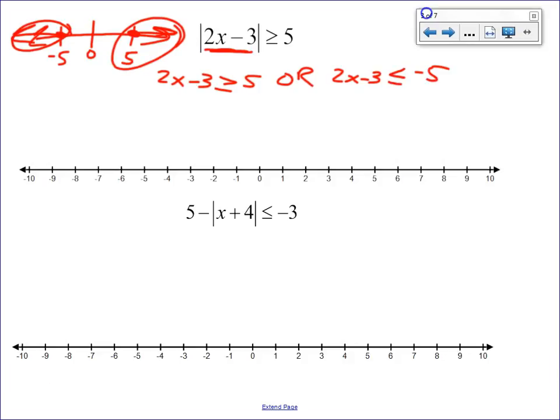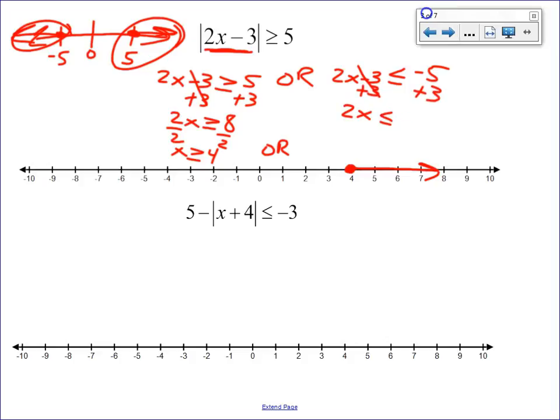Once we know that, we can solve both inequalities. Adding 3, 2x is greater than or equal to 8, divided by 2, x is greater than or equal to 4. I can graph that one: x is greater than or equal to 4, all those solutions that way. For the second inequality, add 3 to both sides and then divide by 2.